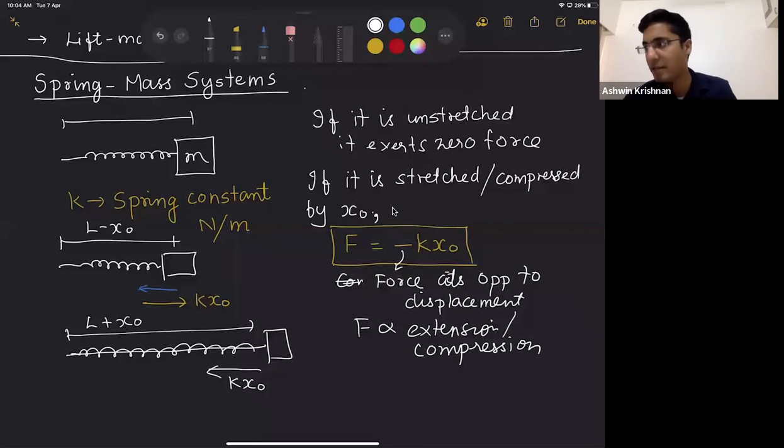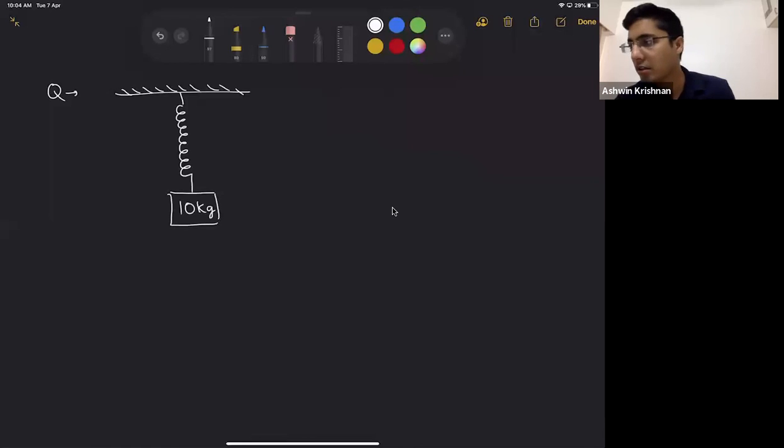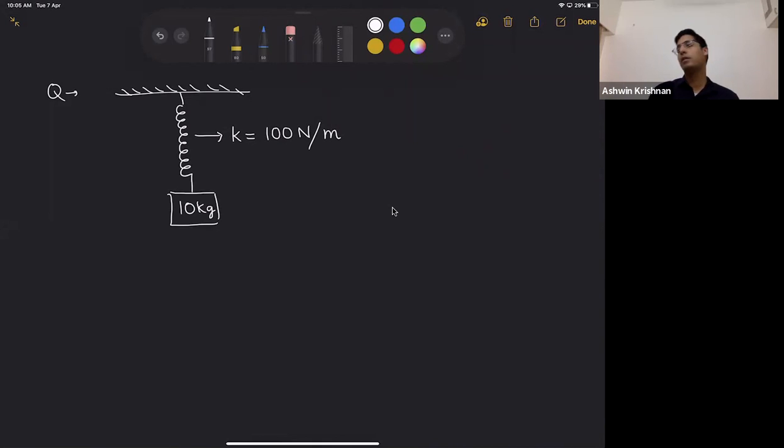The simplest problem is this. Question. There is a body like this. You take a spring, hang it to a 10 kg body. Now you give it K equals 100 Newton per meter, right?